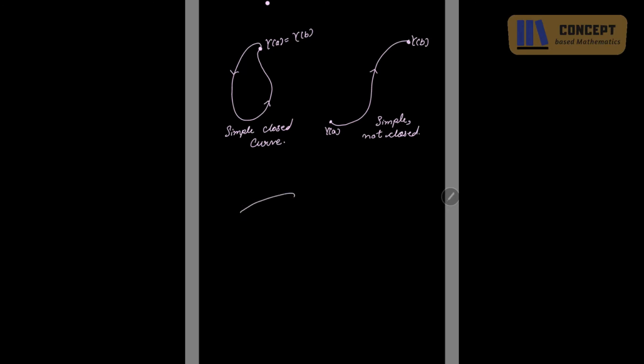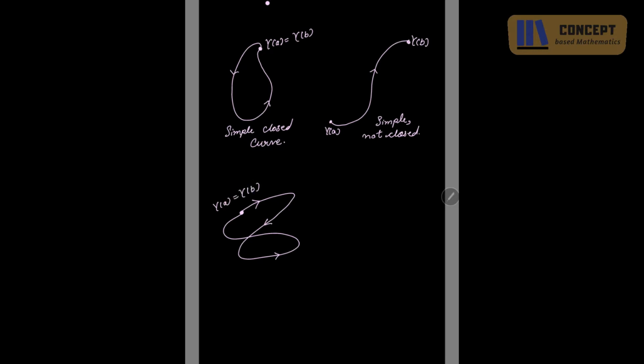What about this curve? If I start this curve from here, I end this curve at that same initial point, where gamma of a and gamma of b are the same.